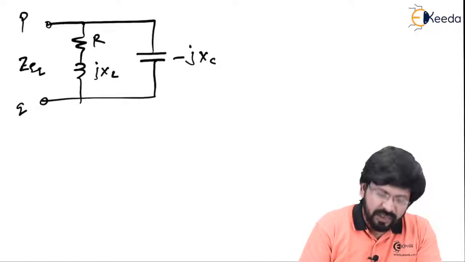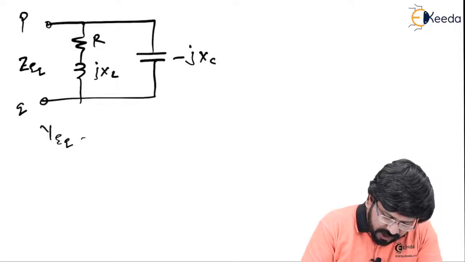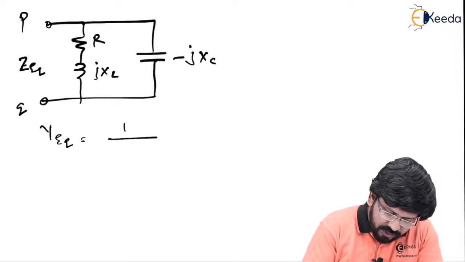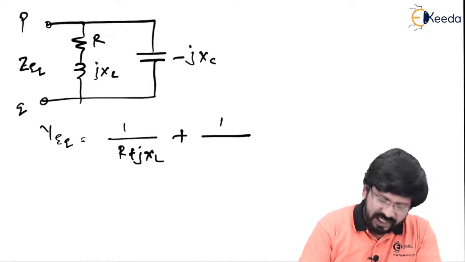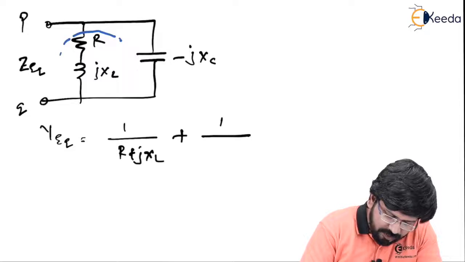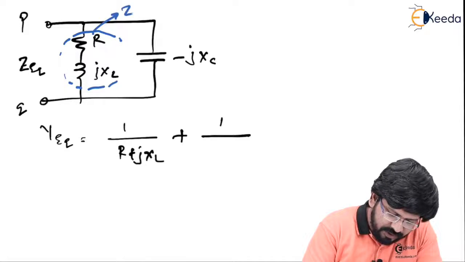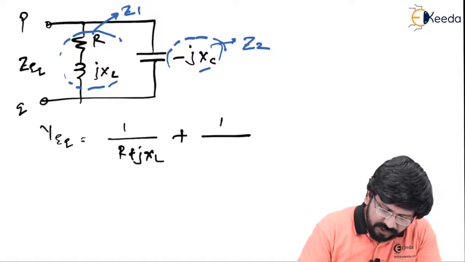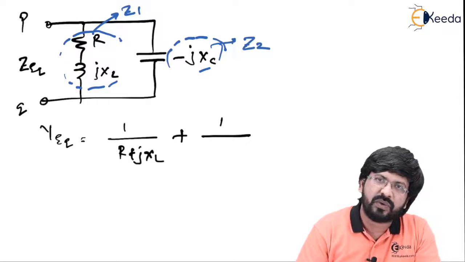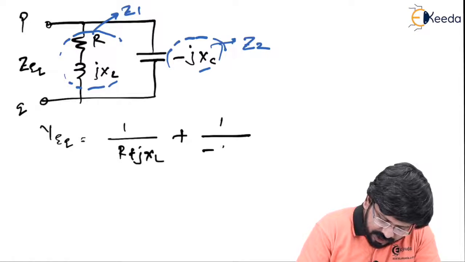Instead of calculating Z equivalent, we should actually go for Y equivalent calculation, which is 1 upon Z1, which is R plus JXL, plus 1 upon Z2, where Z2 is minus JXC. Remember, this is nothing but your Z1 and this is nothing but your Z2. What you have done is 1 upon Z1 plus 1 upon Z2 is Y equivalent.